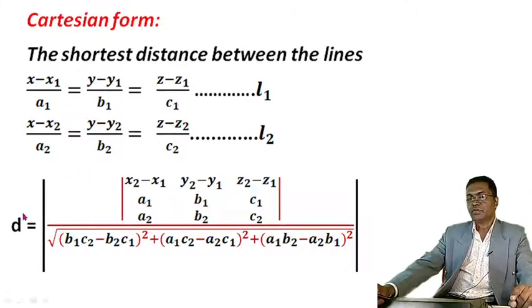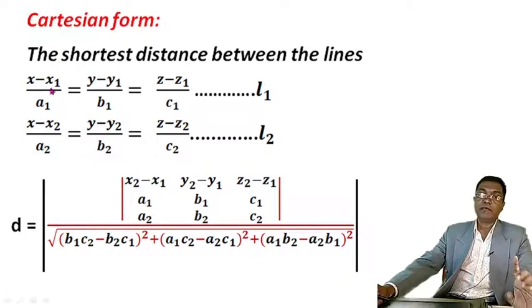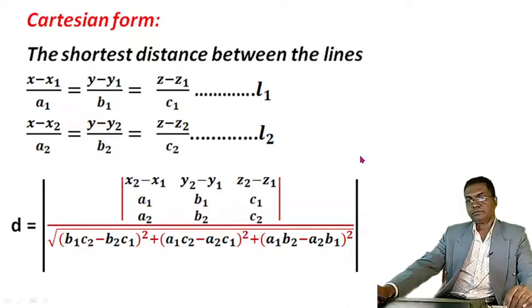Same procedure: you have to compare the given two equations with these two equations and find what are x1 y1 z1 and x2 y2 z2. Similarly, find the direction ratios a1 b1 c1 and a2 b2 c2. In order to find x1 y1 z1 and x2 y2 z2, you must compare with this equation, meaning it has to be in x minus x1 form.